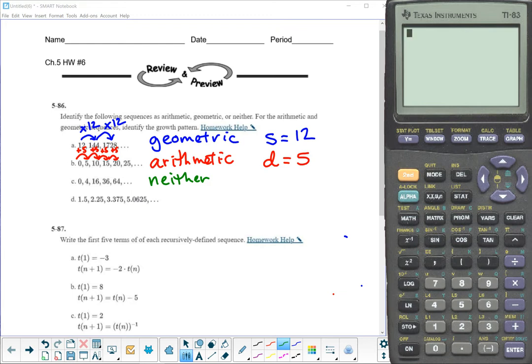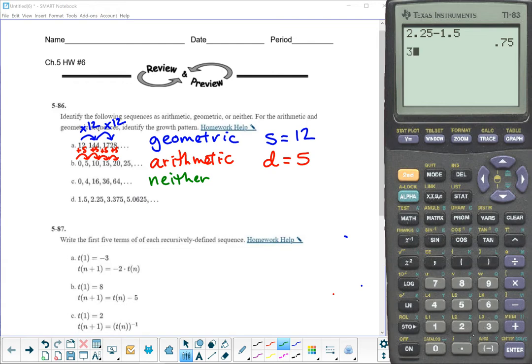Okay, letter D. I'm not sure what's going to happen, but I'm going to try arithmetic first. So I'm going to go with a slightly bigger number, 2.25, and take away the earlier number, 1.5. You get 0.75.